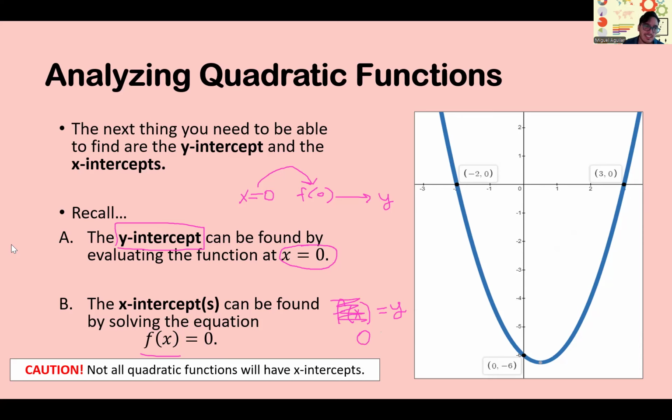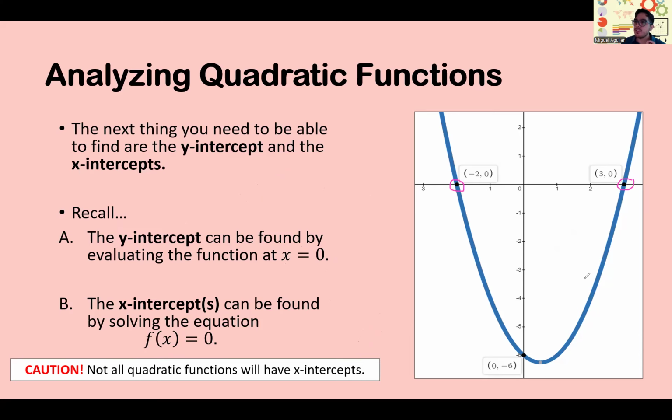But again, it's one of these things where it's only going to make sense if we jump in and do it, so we're going to dive into the deep end here, okay? You will have to pay attention though, because not all quadratic functions will have x-intercepts. Look at this graph over here on the right. This one has 2 x-intercepts, right? The places where the graph is crossing the x-axis at -2, comma 0 and at 3, comma 0.